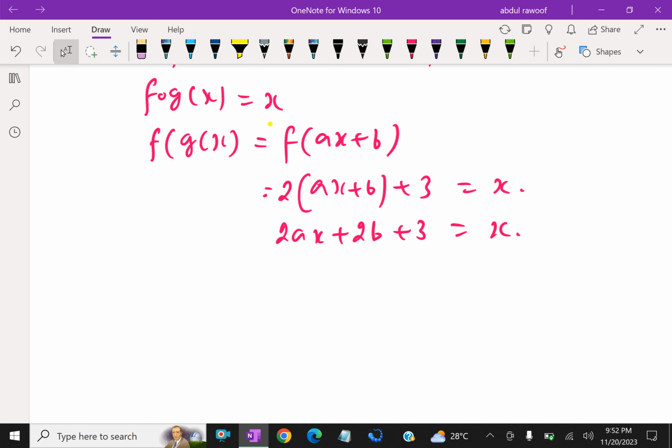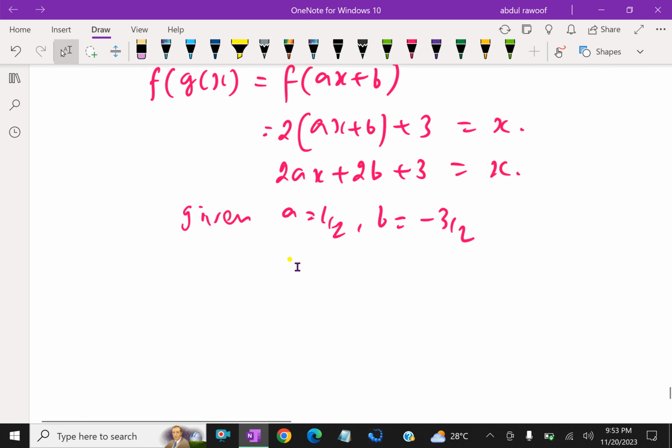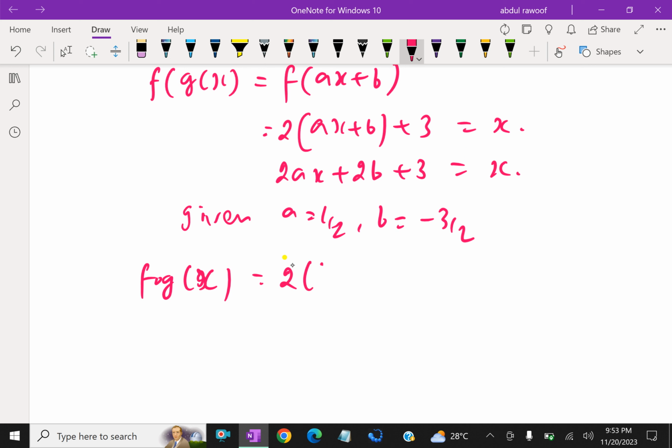Now the given thing is a equals half and b equals minus 3 by 2. You have to reduce by using these values. That is 2 times half x plus 2 times minus 3 by 2 plus 3 equals x.